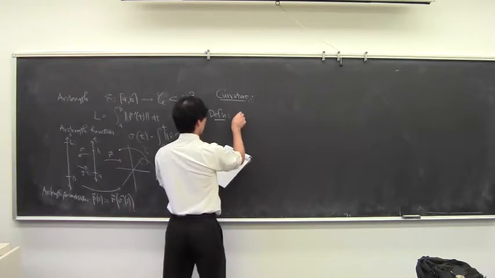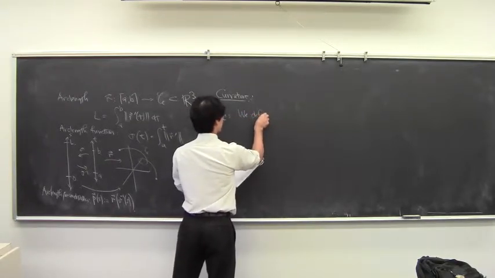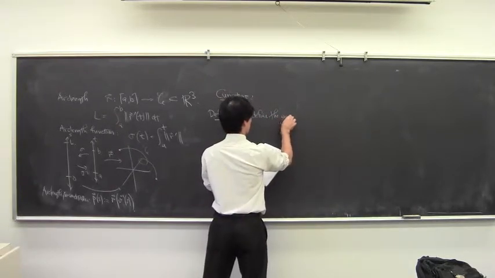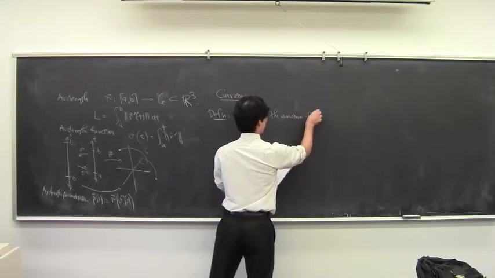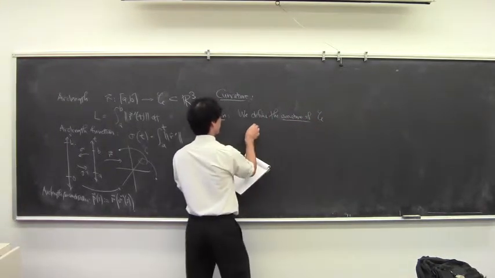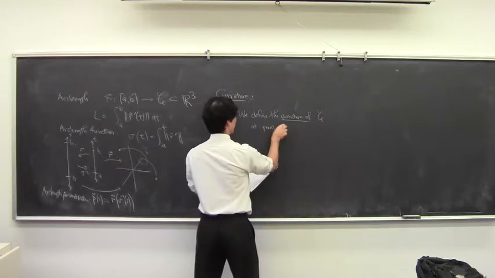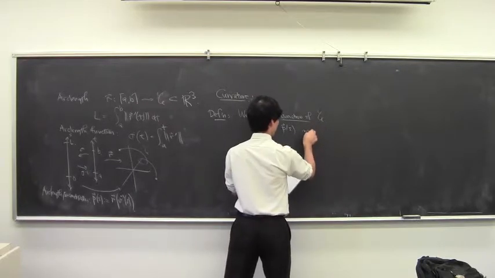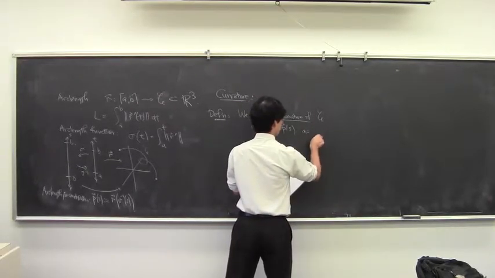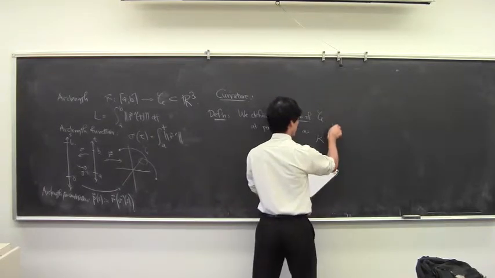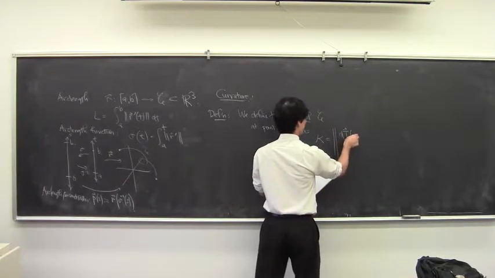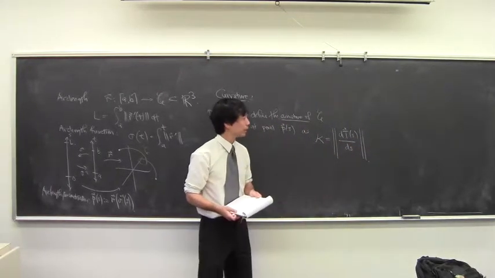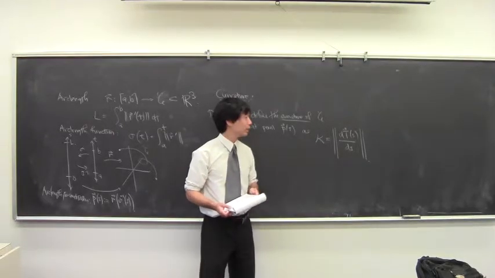Definition: we define the curvature of the curve at the point p of s, denoted with a kappa, which is basically a k, as the derivative of the unit tangent vector with respect to the arc length parameterization.